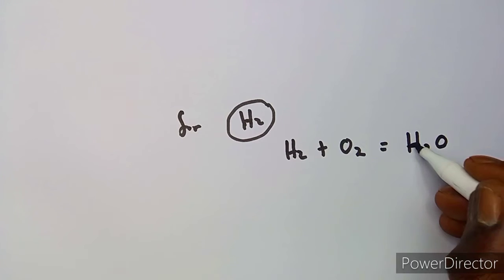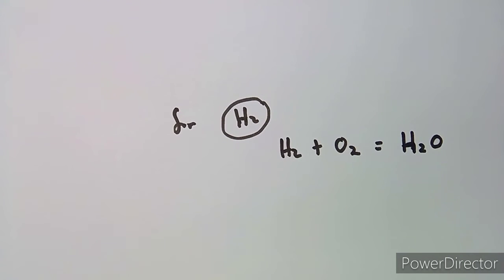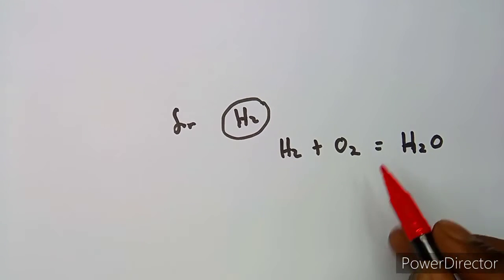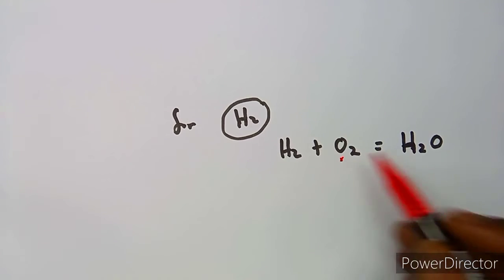But is it balanced? Because we need to balance for H2. Let's calculate how many hydrogens we have here. We have got 2, and here we've got 2, yes. But for oxygen, here there are 2, here there's 1.